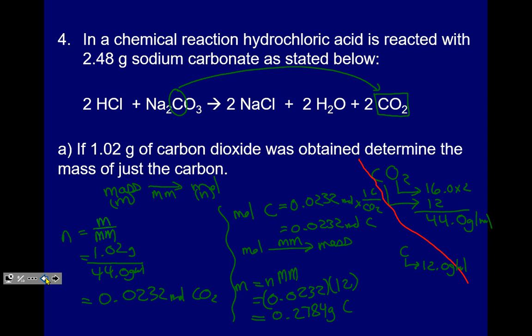Okay. Let's think about what we did. Carbon dioxide has carbon and oxygen in it. We broke it into moles of carbon dioxide. We then pulled out the carbons. There's only 1 in each. So once we counted all the carbon dioxides in moles, we pulled out the carbon.